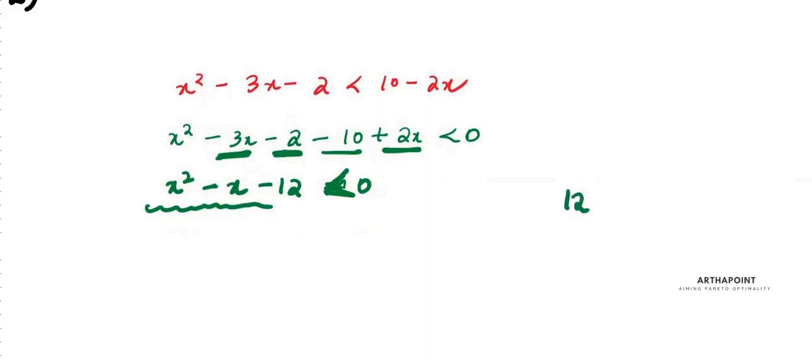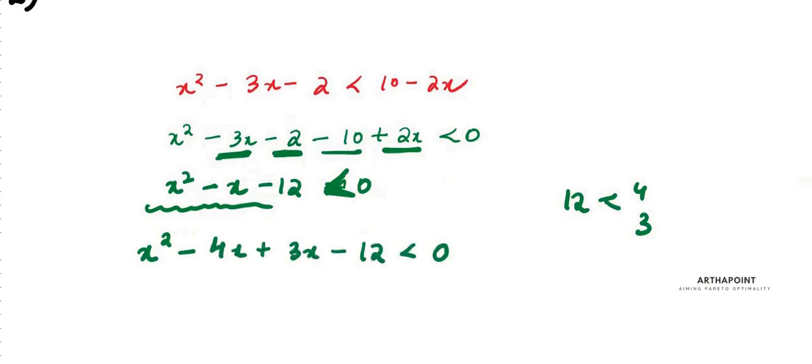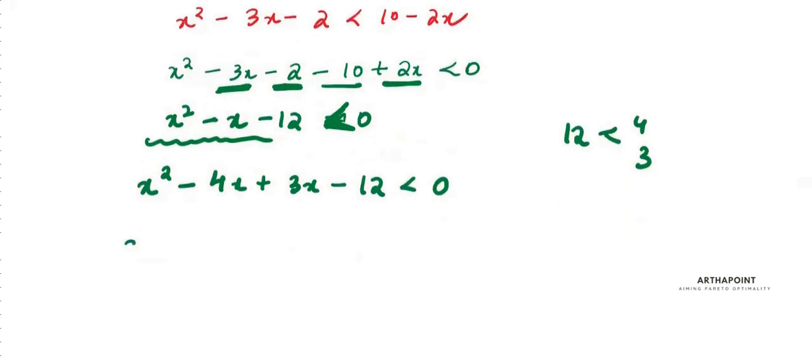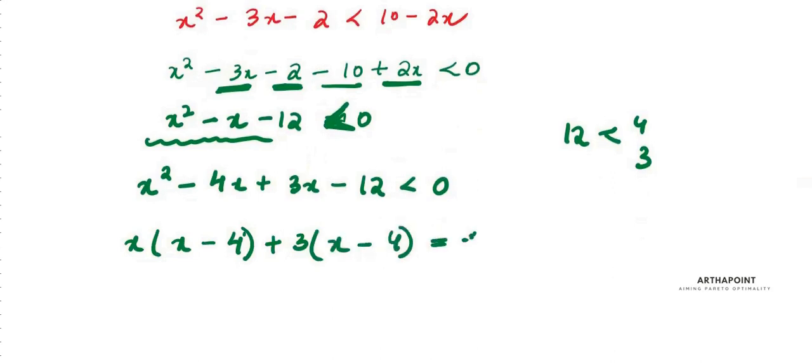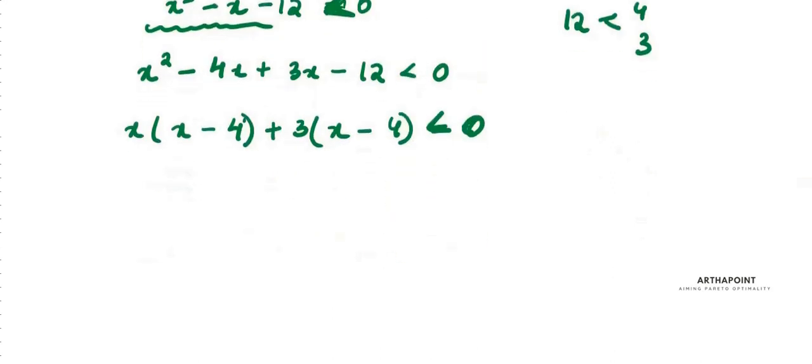So I know that 12 is 4 into 3. So I'm just going to write it like this: x square minus 4x plus 3x minus 12 less than 0. So I'll take x common, x minus 4 plus 3, x minus 4 less than 0. And this will give me x plus 3, x minus 4 less than 0.